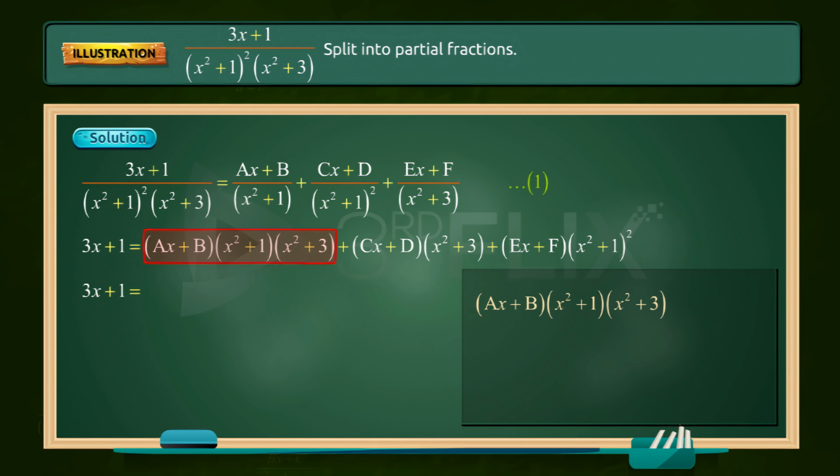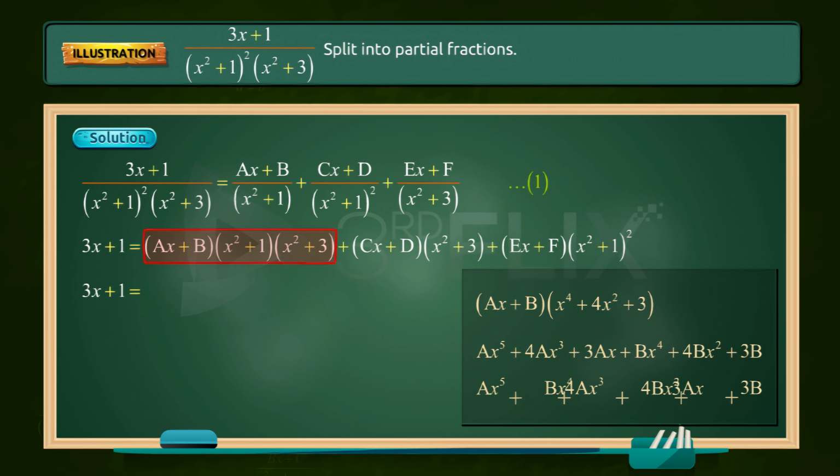Simplifying x square plus 1 into x square plus 3, we get x power 4 plus 4 into x power 2 plus 3. Multiply with ax plus b, we get a into x power 5 plus 4a into x power 3 plus 3a into x plus b into x power 4 plus 4b into x power 2 plus 3b, and arrange the terms in a specific order.